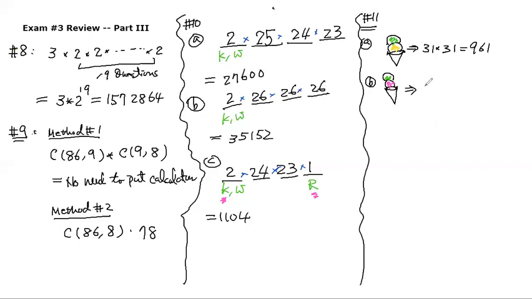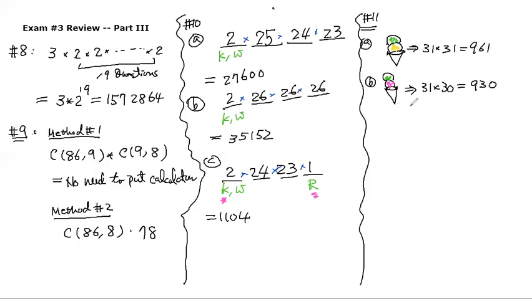That means I'm going to have 31, whatever I choose. But after I choose the first flavor on the first scoop, what happened to my top? My top only has 30 left, right? So I have 31 times 30, and so it's 930.